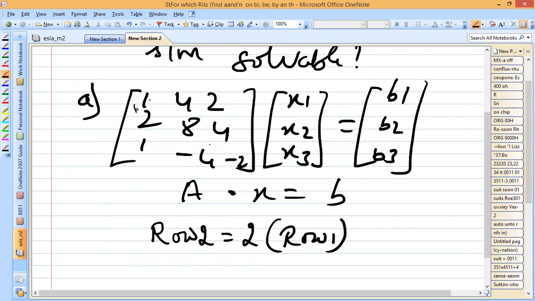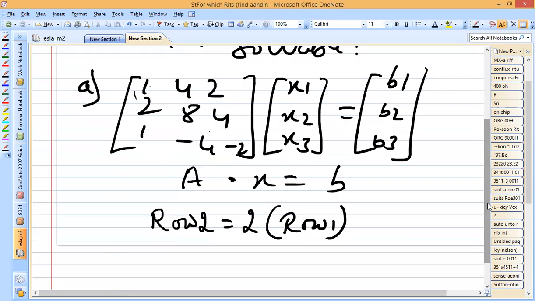Similarly, if you observe row 1 and row 3, what can you write?